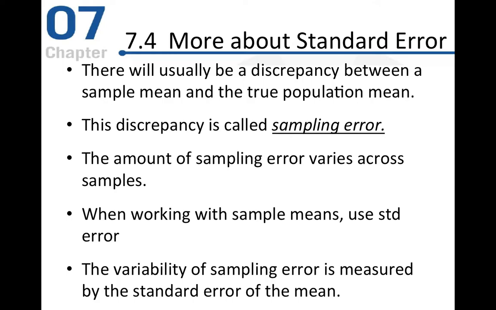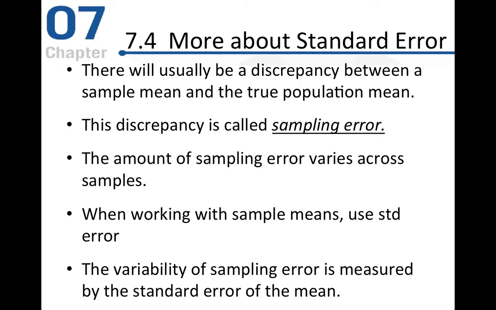And so, essentially what we're saying here is that sampling error is going to happen. There's going to be a discrepancy between the sample mean and the true population mean. It's going to vary across the different samples. But it's more of a conceptual thing that we recognize and we understand. But at the end of the day, how are we measuring that? How do we assess that?